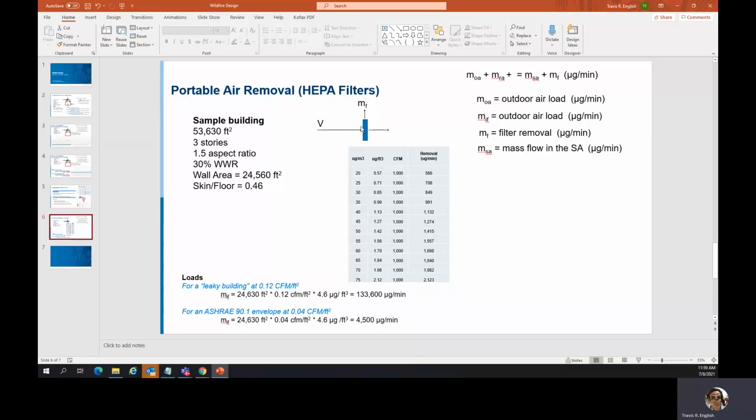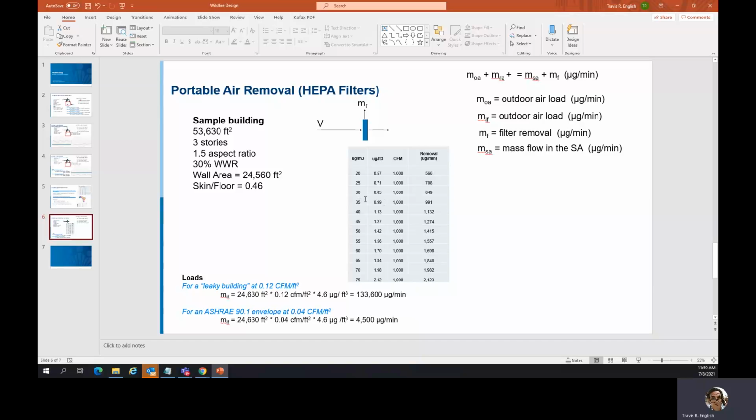If you were trying to put things in perspective, HEPA filters. So let's say that we were in one of these buildings where we had 150,000 or 170,000 micrograms a minute of load, and you were going to think about putting HEPA filters into the space in order to do some removal. Well, HEPA filters are great. They remove basically everything that hits the surface of them. But a 1,000 CFM HEPA filter removes more the dirtier the air in the building gets.